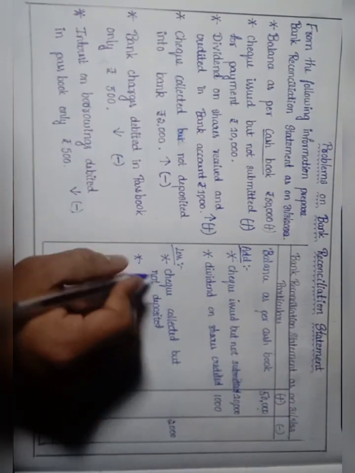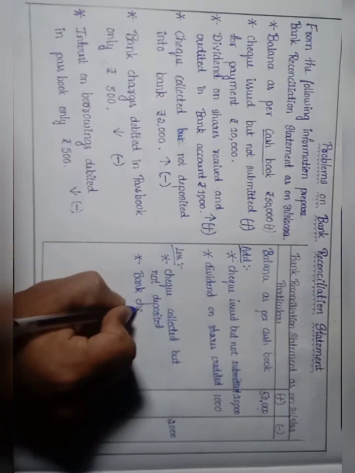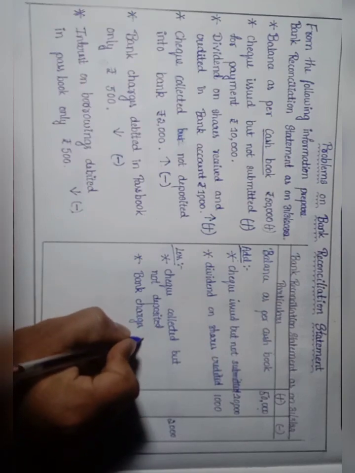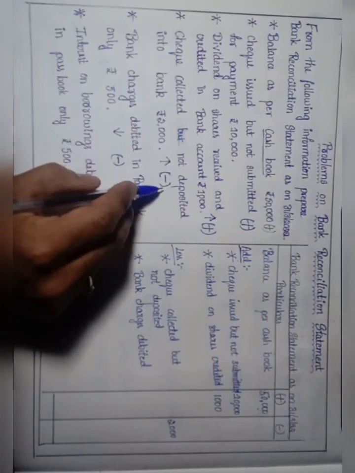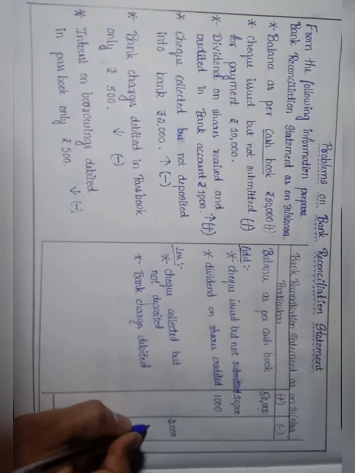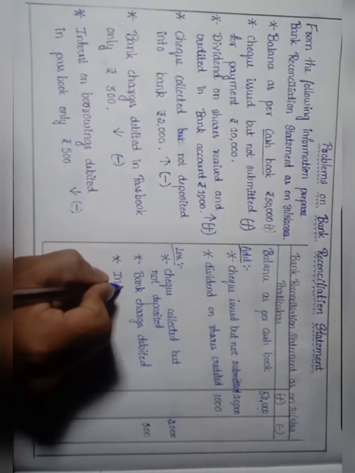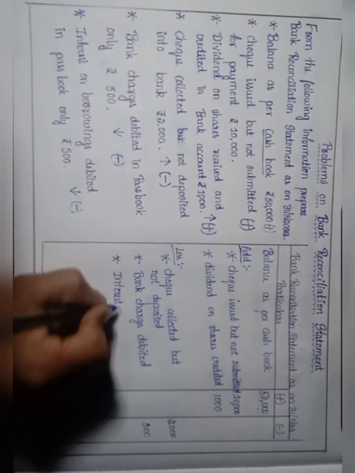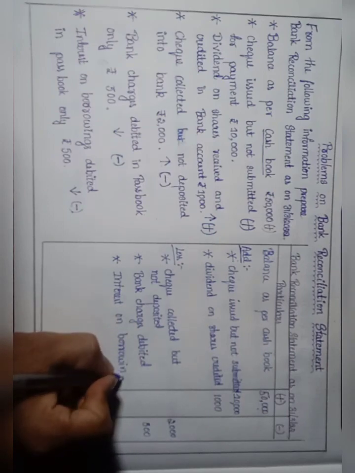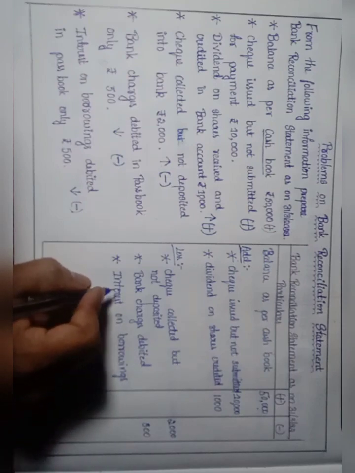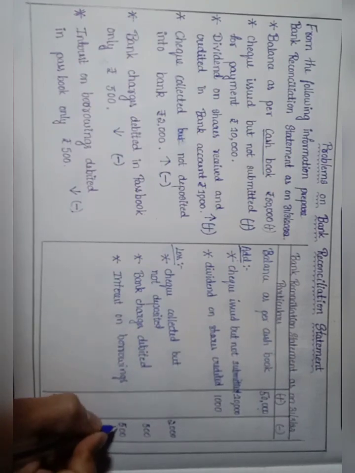Then bank charges debited. It is also negative, so we need to take it in the negative column, that is 500 rupees. Last one, interest on borrowings debited only in the passbook, that is 500. So we need to take it in the negative column.